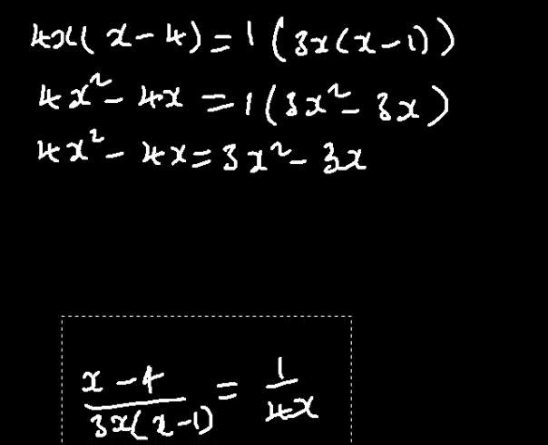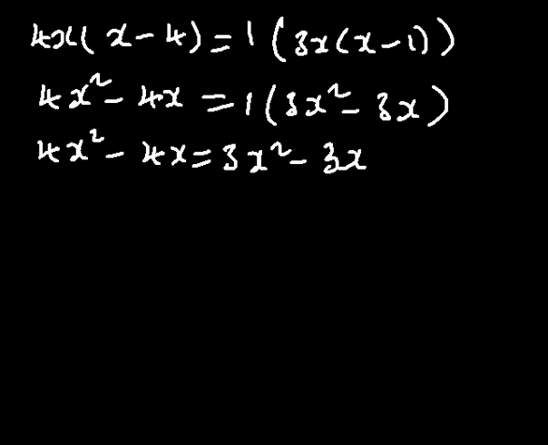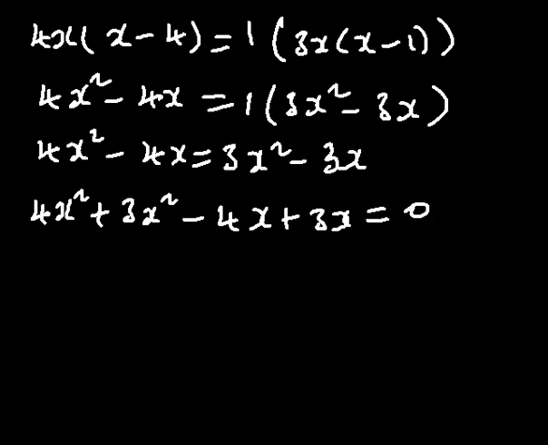Now, having the like terms, we have 4x squared minus 3x squared, and minus 16x plus 3x, which is equal to 0. Now we have x squared minus 13x equal to 0.